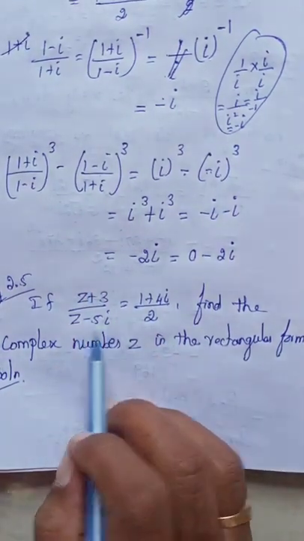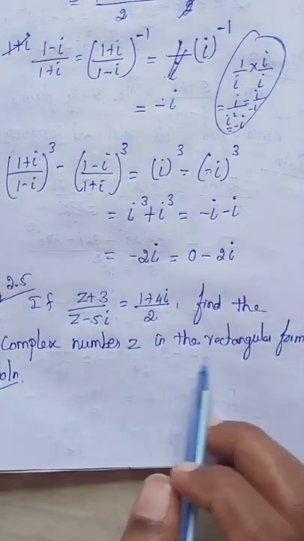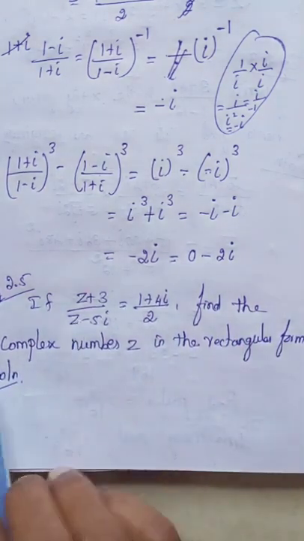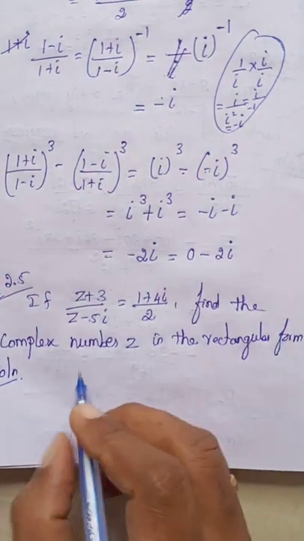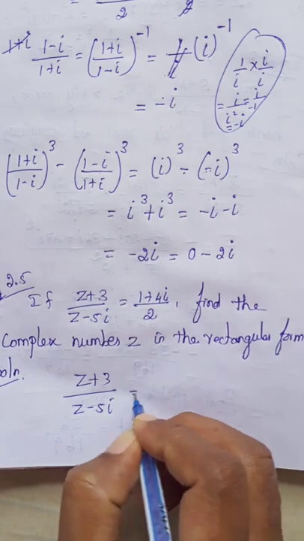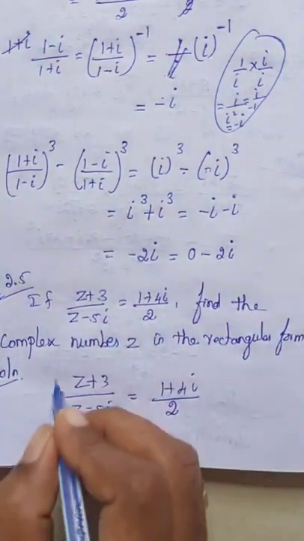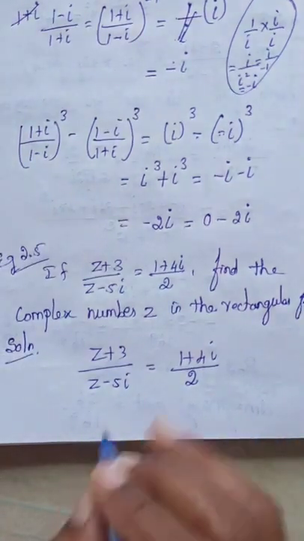This z we have to find. See, (z plus 3) by (z minus 5i) is equal to (1 plus 4i) divided by 2. Just cross multiply and find out z first.